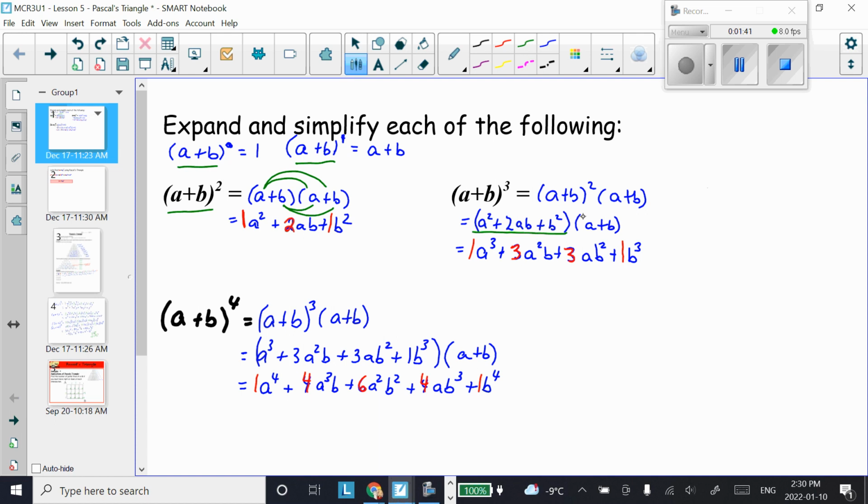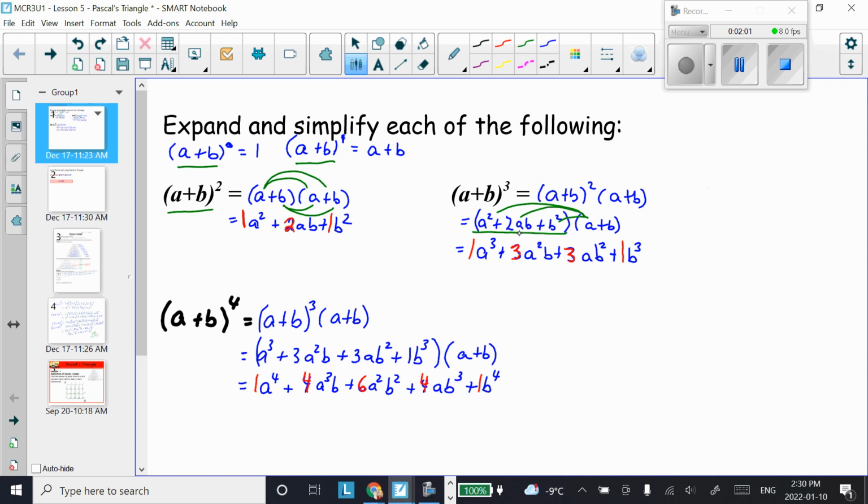Or if you want to start with the second bracket, that's fine too. Multiply the a times a squared, a times 2ab, and a times b squared, and then do the same thing with the b. So you end up with 6 terms in total, and 2 of them I was able to combine.